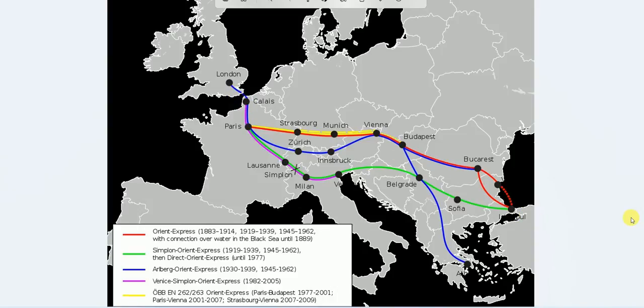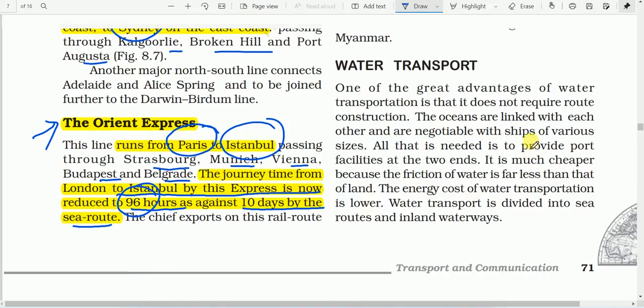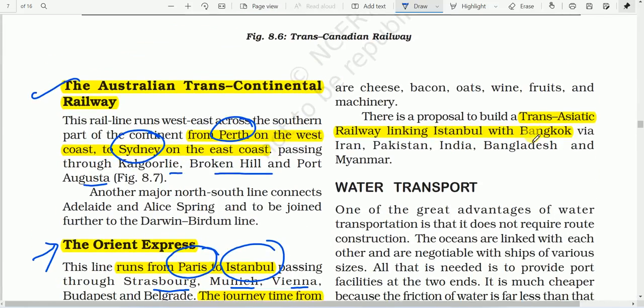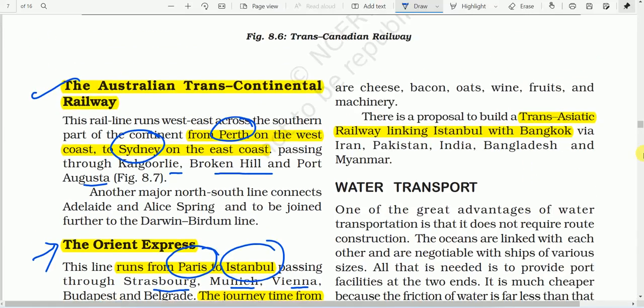London, Calais, and all these are the tracks. Important exports on this rail route are cheese, bacon, oat, wine, fruits, and machinery. These are the important items exported through this railway track.